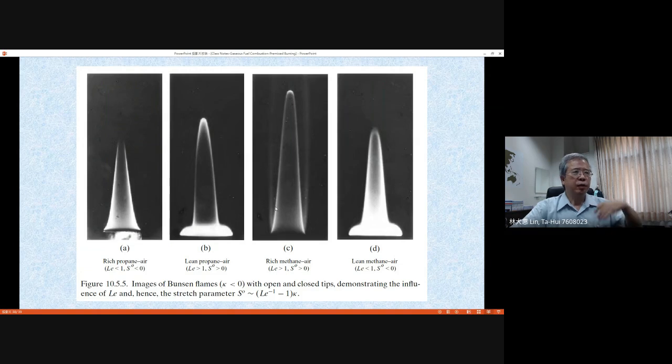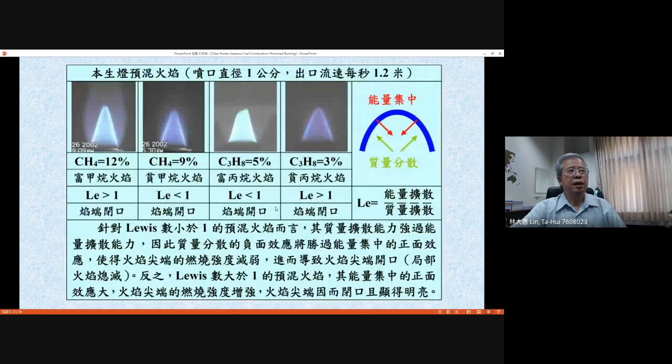You can try to compare, because the arrangement of the pictures in this slide is completely different from that slide. You can try to adjust it, but anyway, the conclusion is that for the Bunsen flame with a Lewis number larger than 1, you may have a weaker flame at the base and a stronger one on the tip, and this will cause more brightness on the tip of your flame.